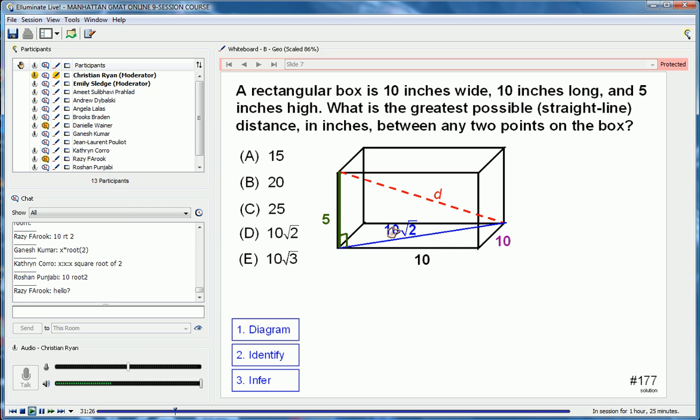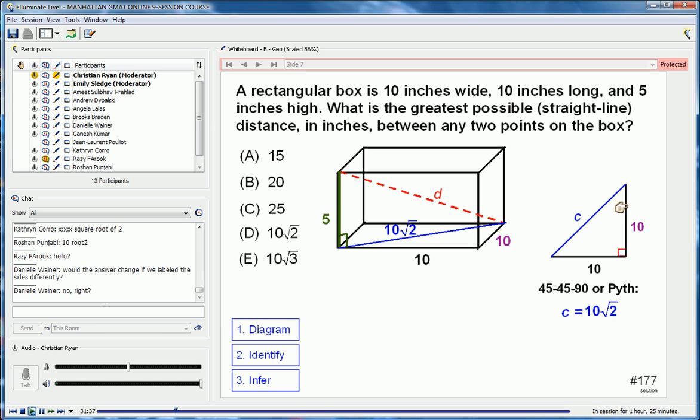This 10 root 2 is, on the one hand, the hypotenuse of this triangle, or the square if you want to complete the whole thing, of the floor. But then that turns into just one leg of the big triangle. Again, a sort of change of role.